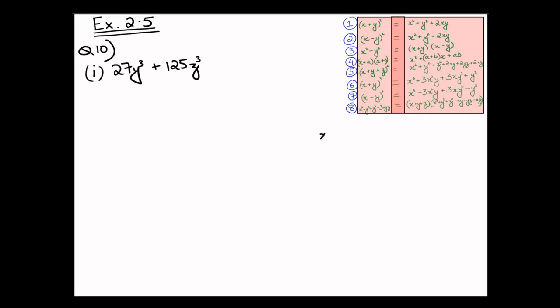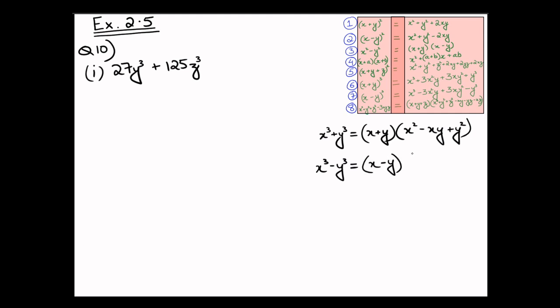The first part proved that x cube plus y cube is equal to x plus y whole multiplied by x square minus xy plus y square. And the second part was x cube minus y cube is equal to x minus y into x square plus xy plus y square.